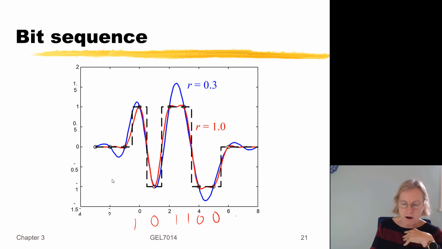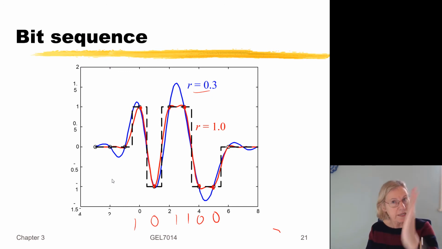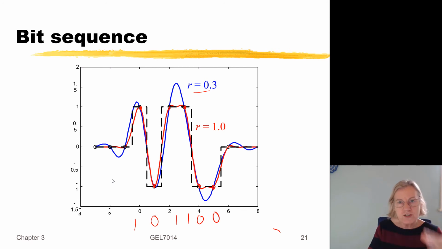In fact, for r = 0.3, excuse me, we can see there are large excursions. But the important thing is when I sample, I'm getting something that looks like just the symbol that was transmitted. So that's why I can tell this is a 1, this is a 0, 1, 1, 0, 0, because there is no interference. But if I look outside of the sampling points, it's hard to see what exactly is the sequence that's been transmitted.